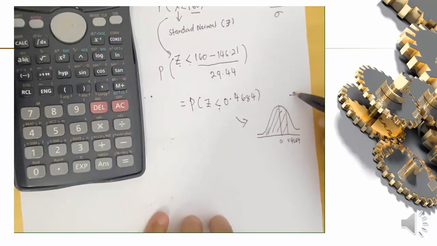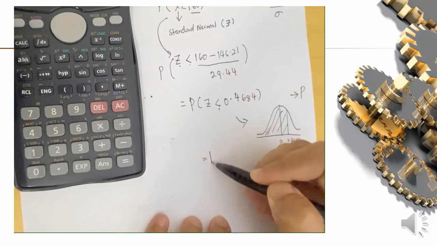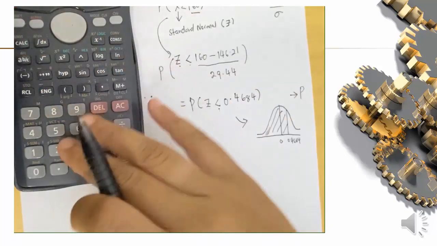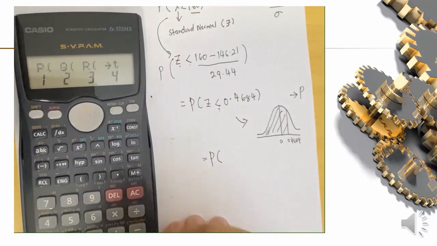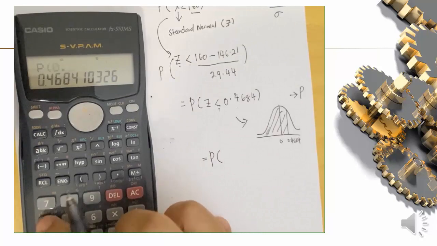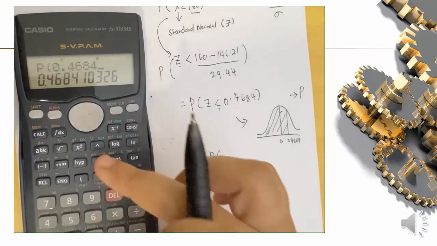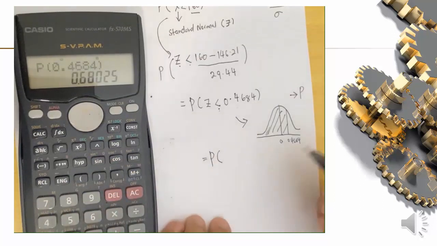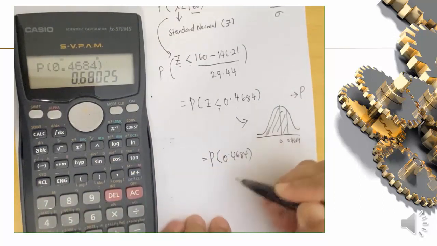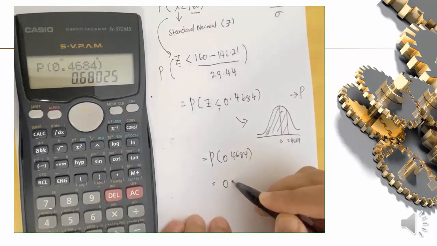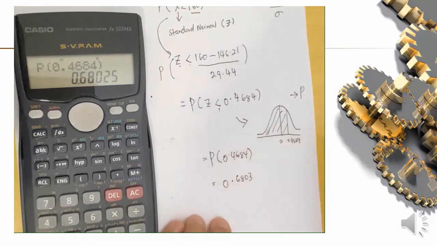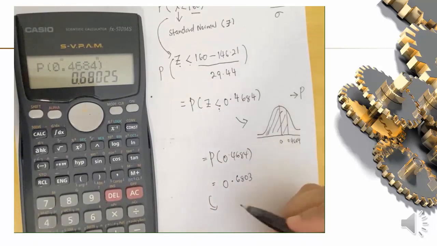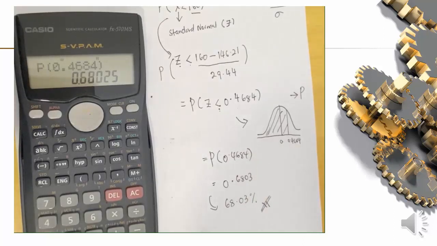So less than, we will use P. So in your calculator, find P. Shift number 3, number 1, 0.4684. Close the bracket, equals to 0.6843. Because the question asks for percentage, convert into percentage. Done for number 1.